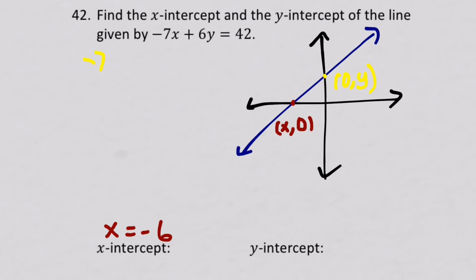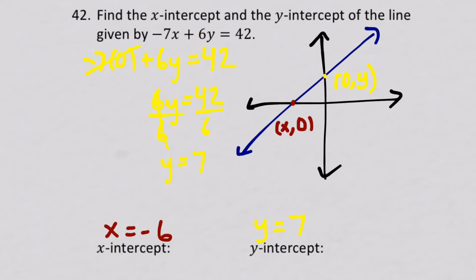Negative 7x plus 6y is equal to 42. In place of x, I am going to substitute in a 0, which basically means that this is going to cancel, so all you have is 6y is equal to 42. Divide by 6, and y is equal to 7. And that is your y-intercept.